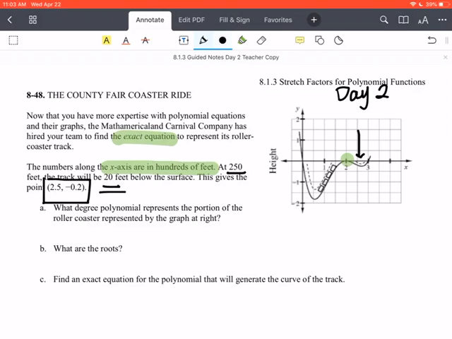So first of all, what degree polynomial represents the portion of the coaster that we are seeing? Okay, so if we just assume that we have arrows going up right away because we see up, up as our end behavior, we know that is going to automatically be an even degree, because of the same end behavior. Okay, so if we look, we see that on the x-axis, we have an x-intercept that is going through the x-axis.